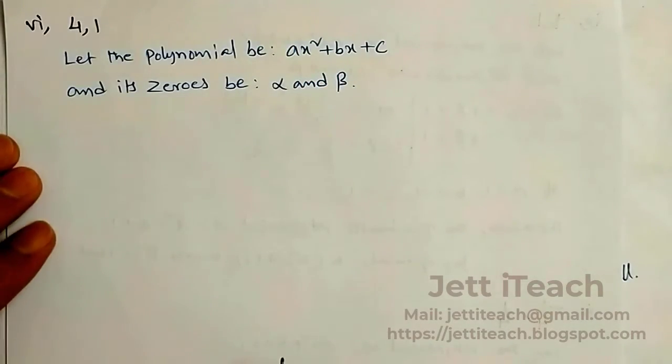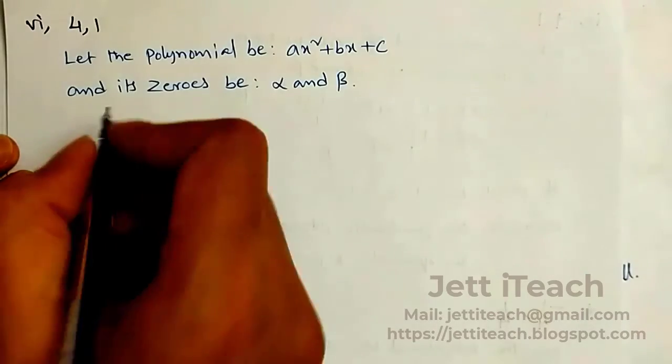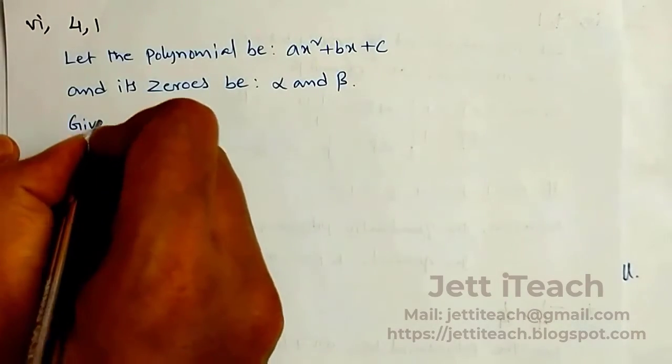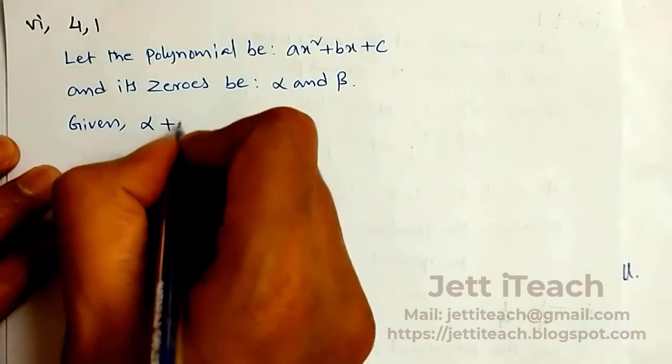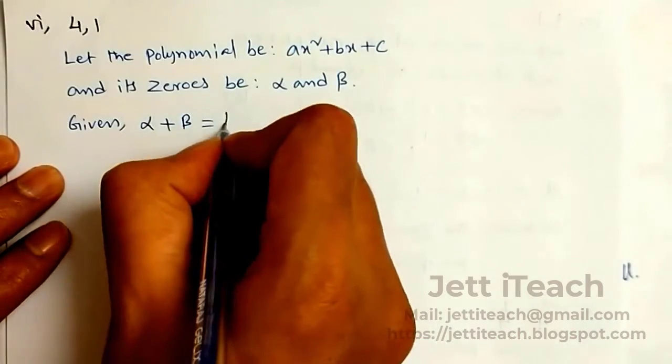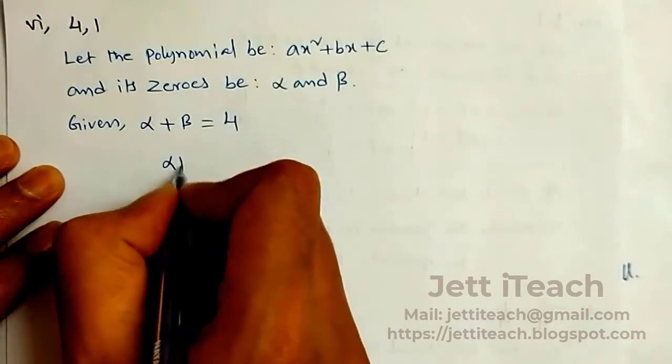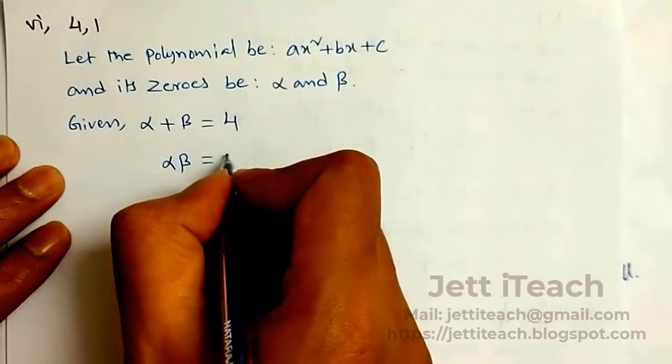We'll write what they are given. Given, alpha plus beta is 4, alpha into beta is 1.